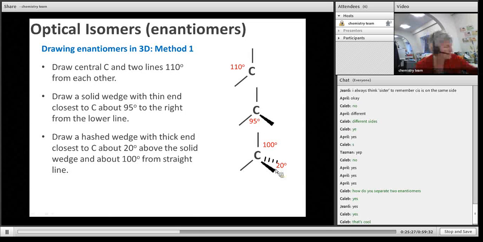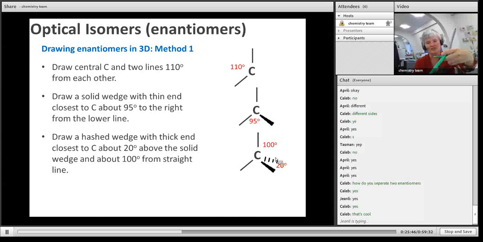It's often helpful to hold 3 pens up to get this tetrahedral shape and get an idea of the different angles. So just play around with that and see what it looks like.